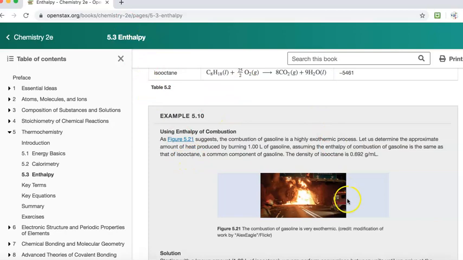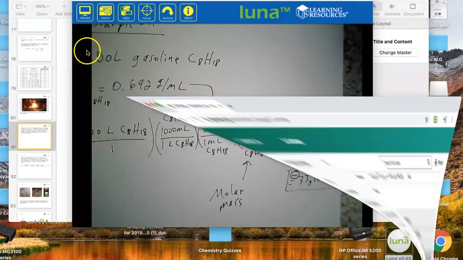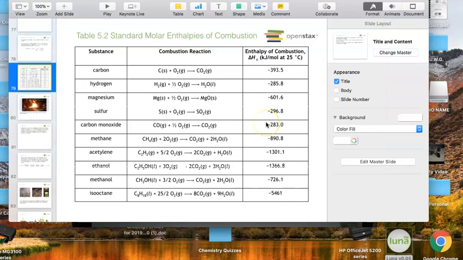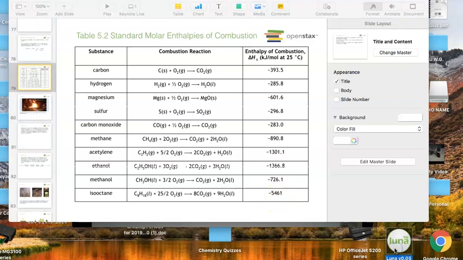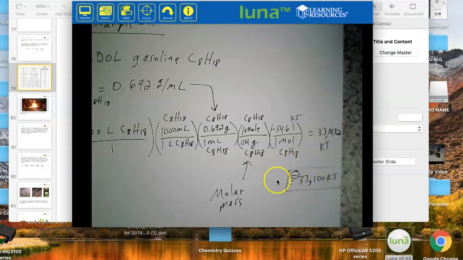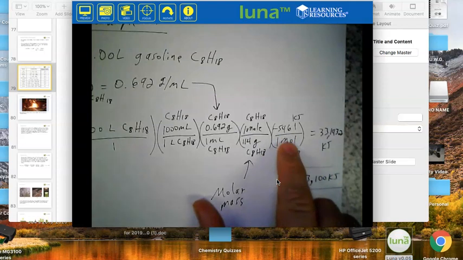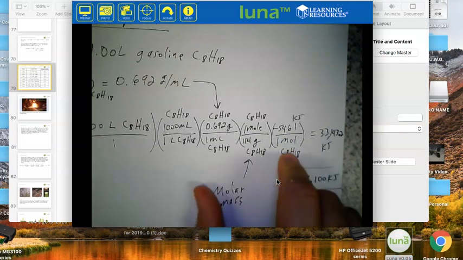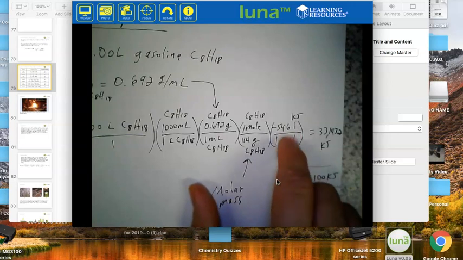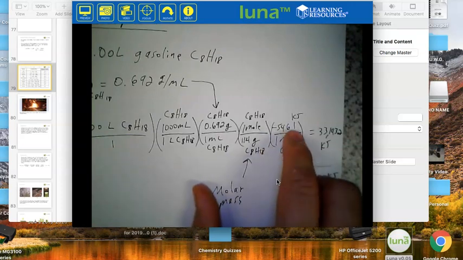So if we look back at isooctane in our table, isooctane has an enthalpy of combustion of 5,461 kilojoules per mole. So I can use that as my conversion factor, 5,461 kilojoules per mole, and assume that it's the same as that of regular octane. And so that's going to convert moles to kilojoules.